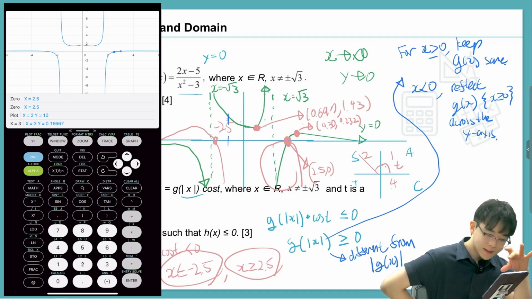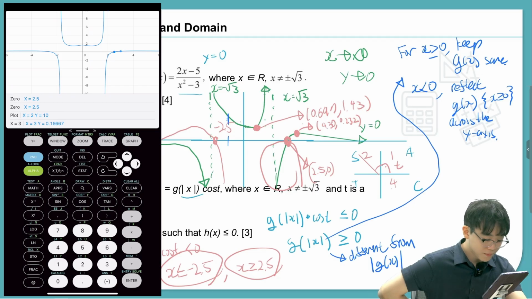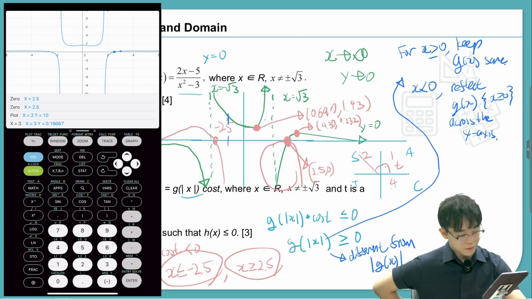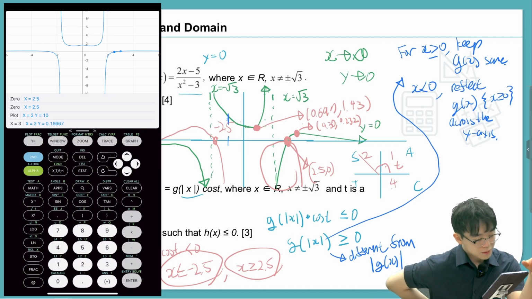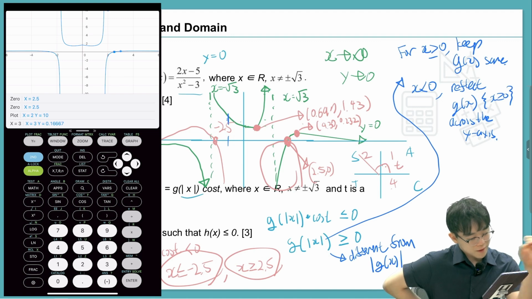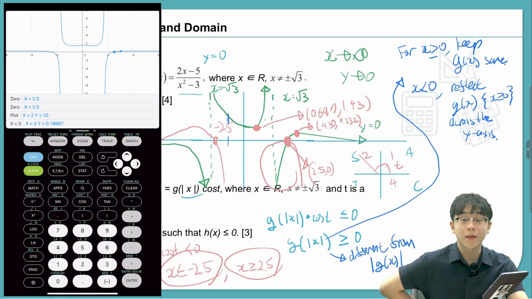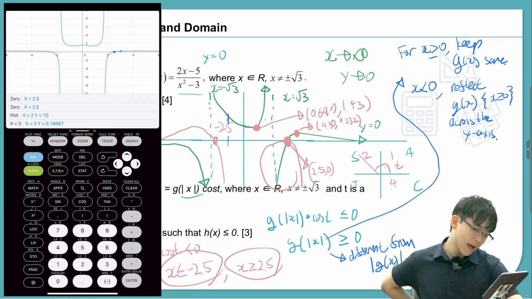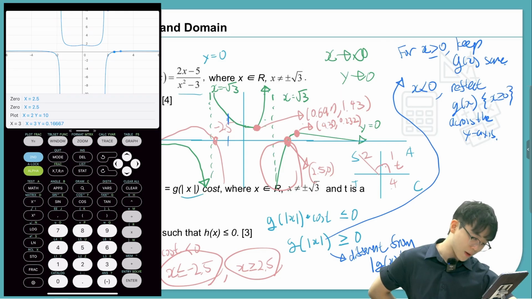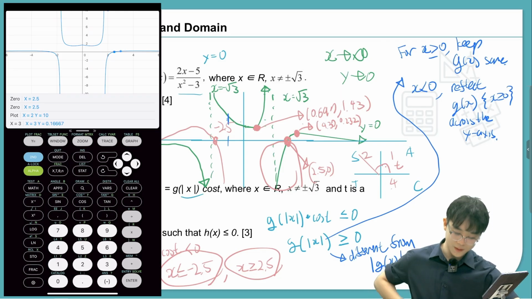So the right side is the same as our original one, but the left side is a mirror reflection of the right side. For negative values of x, you would put in the same y values you would retrieve for the positive versions of x. So in this case, this function, g of absolute value of x, is greater than 0 when x is less than negative 2.5 or when x is greater than 2.5, or equal to.